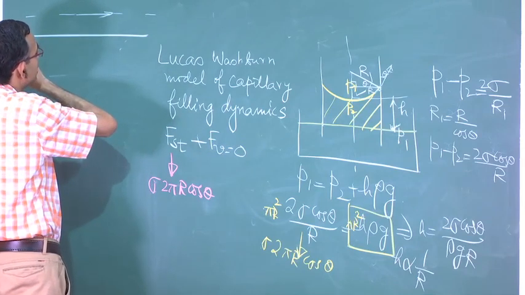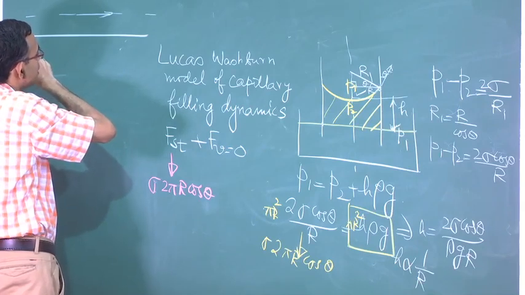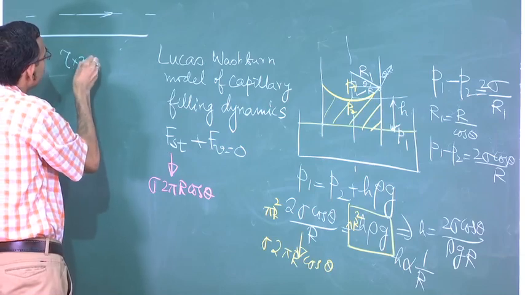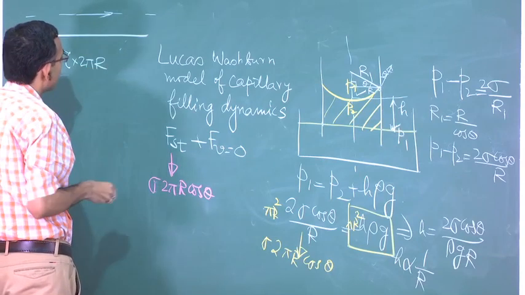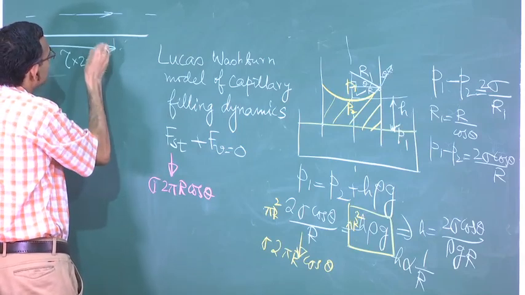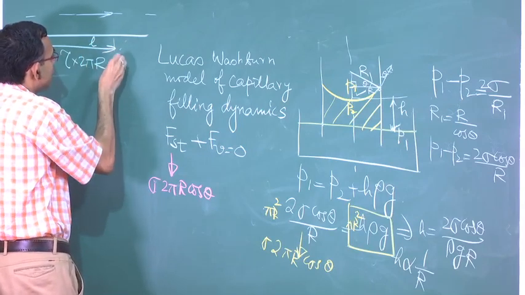If the flow is taking place in this direction, then the viscous force is tau into 2 pi r into the instantaneous length L up to which the capillary is filled.